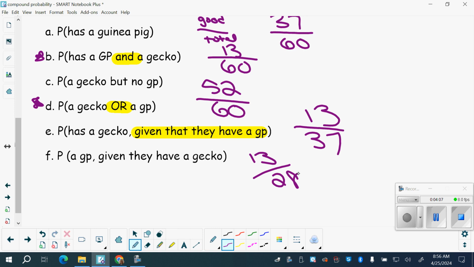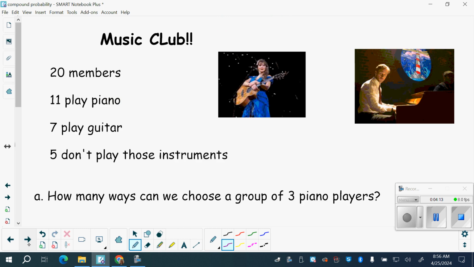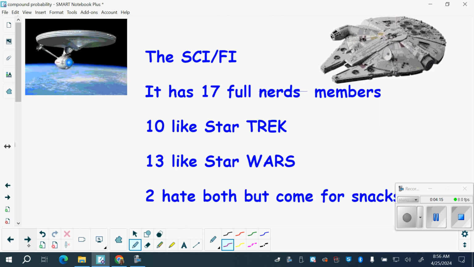Okay. So now I'm going to put one up for you to try, and then I'm going to come around and help you. The first thing we want to do here, this one's for Justin. Here we go. My sci-fi club has 17 members.